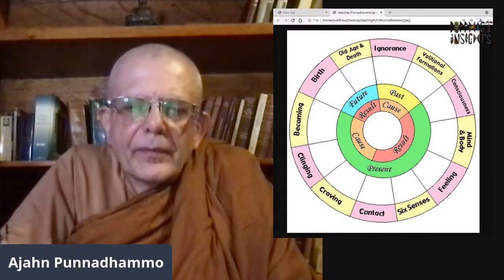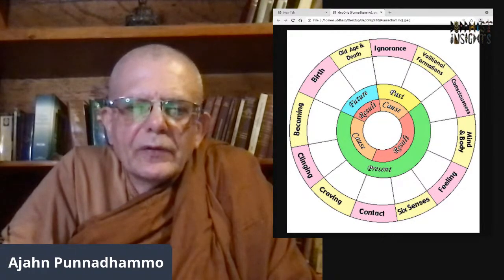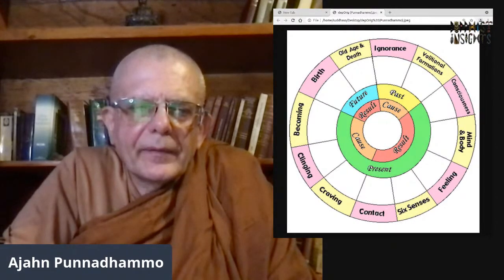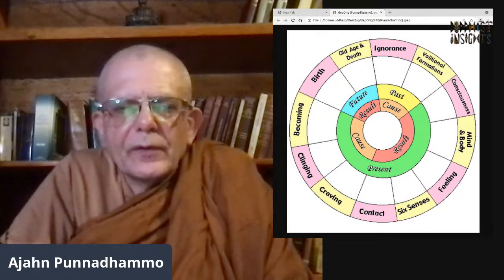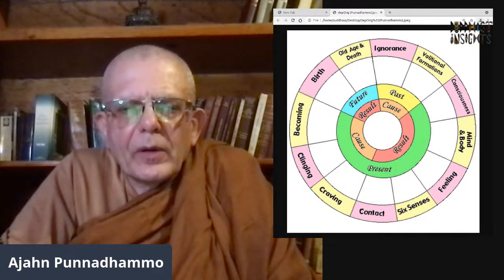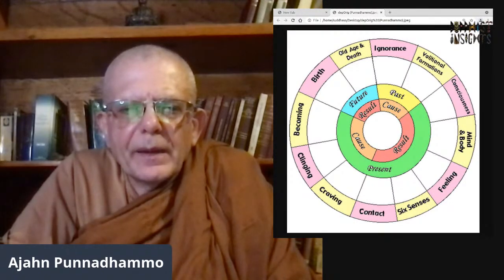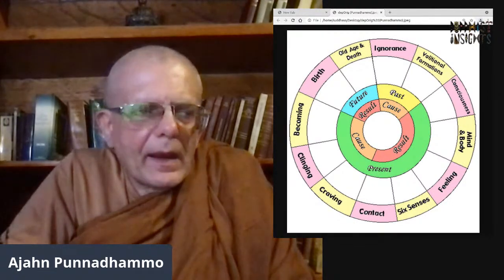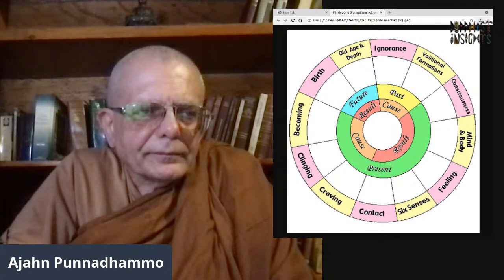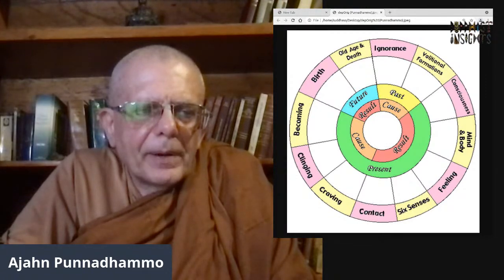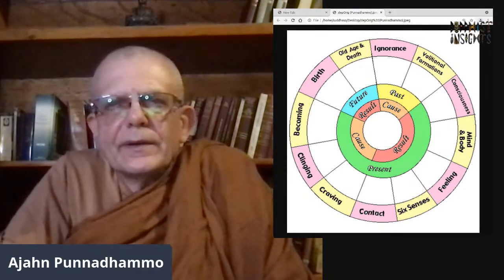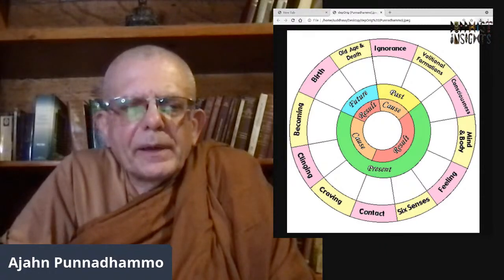So the next transition is from craving to clinging. Clinging is the standard translation for upadana. A more literal translation would be fuel, the fuel for becoming. And upadana is a more complex state than tanha.